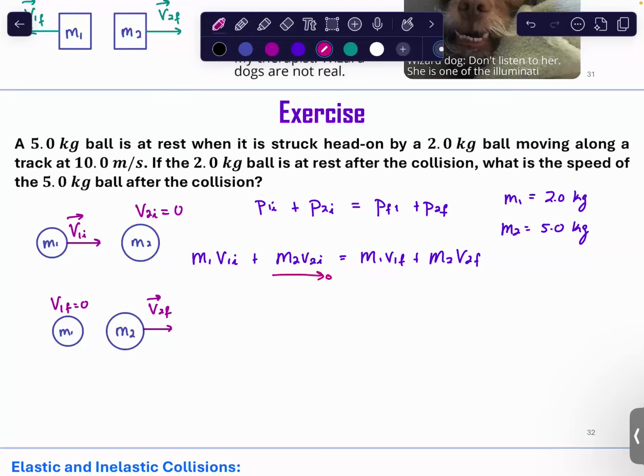And after the collision, mass 1 is not moving. So we're going to have mass 1 V1 initial equals mass 2 V2 final. And so we solve for the final velocity of mass 2.